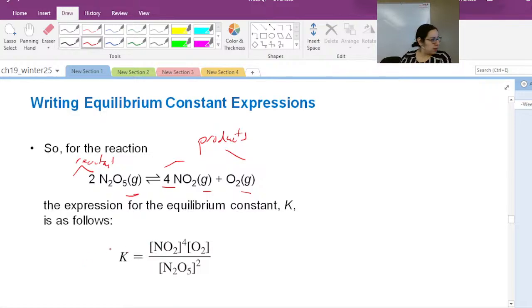So then the equilibrium expression is just NO2 to the 4th times our oxygen, obviously to the 1, over N2O5 squared. So does that make sense to everybody? That's how we translate that form.